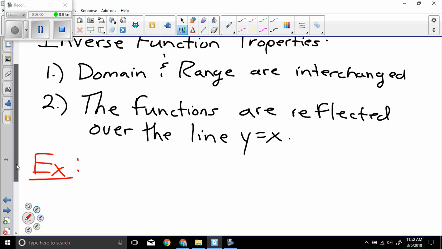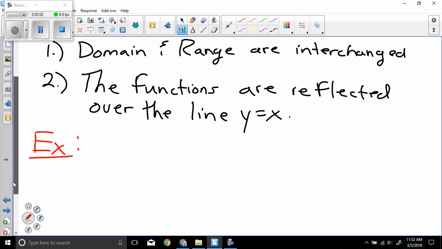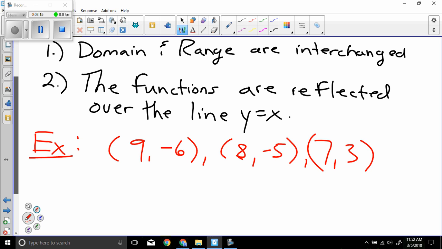An example, which is going to be the only one that I am going to do. Say we have the points (9, -6), (8, -5), (7, 3), and let's do one more, (4, 3).